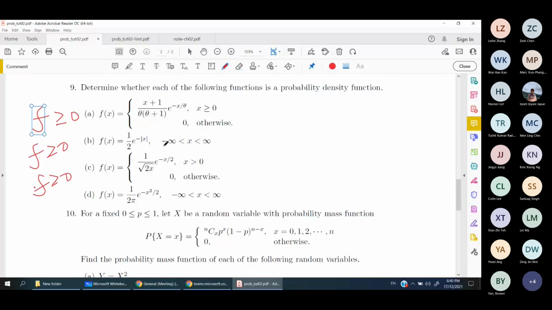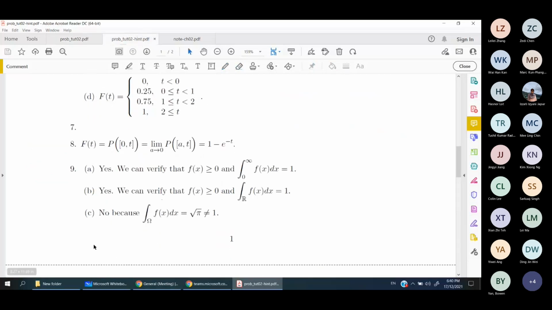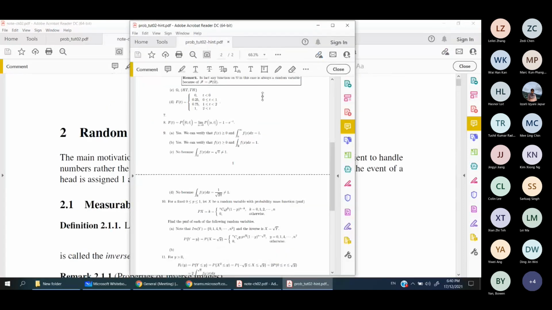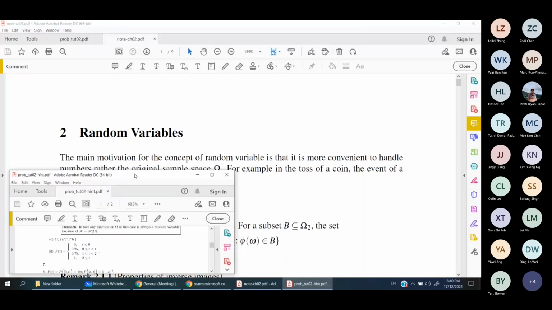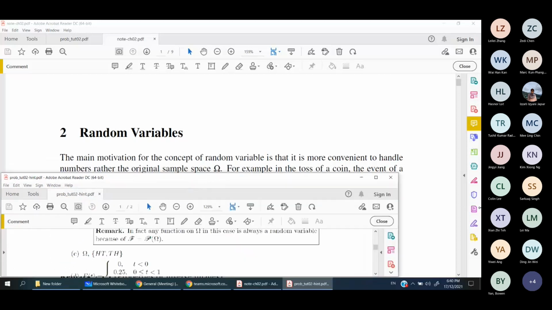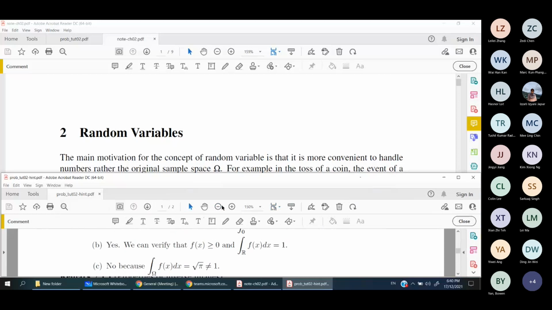So we only need to verify the second condition. So what is the answer? The detail will be the standard calculation, so I'm not going to do it over here. You go and verify it yourself, right?